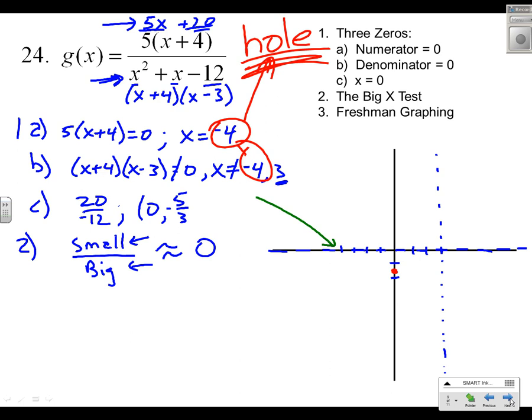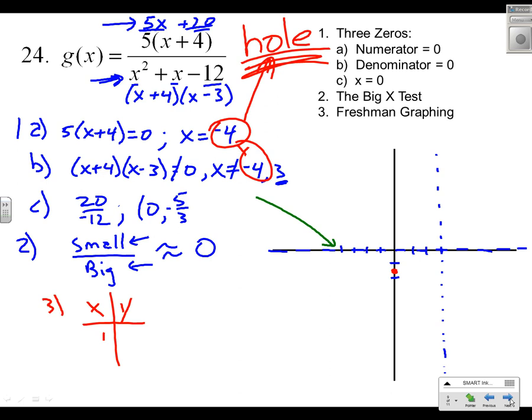At that point, I think I have enough guidance on the left-hand side of 3 to know what's going on, but I'm going to go ahead and include in my t-chart. I think I'm going to put 1 in for x. It's so convenient just to know what's happening close to the y-axis. Excuse me.